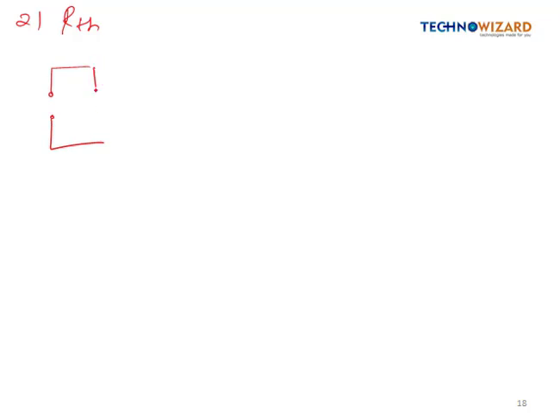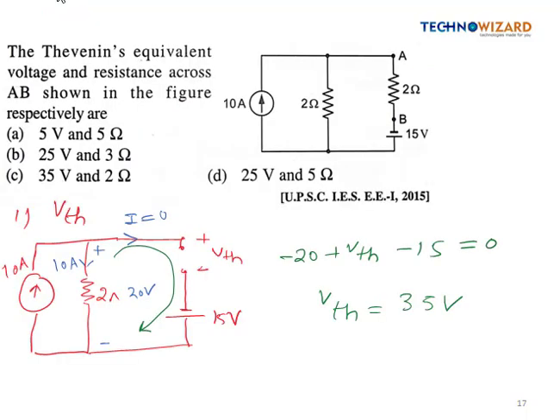Here the 2 ohm resistance is there, and this voltage source will be short circuited, right? So this is 2 ohm. From here we have to find out RTH. So RTH value is coming as 2 ohm. So for this question, option C is correct.